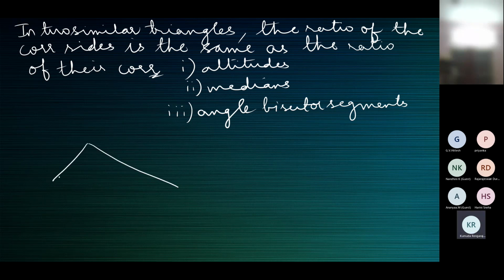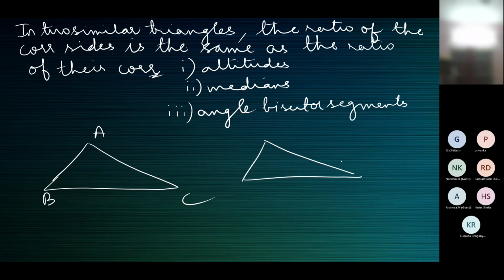Triangle ABC, triangle PQR. It is given that triangle ABC is similar to triangle PQR.